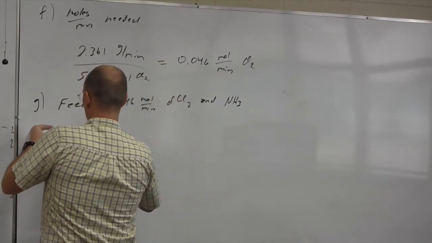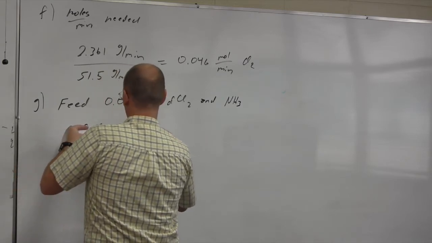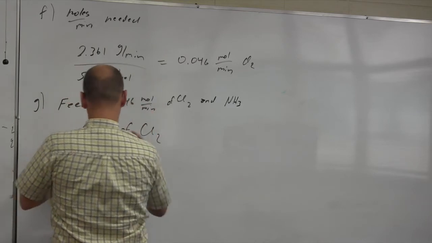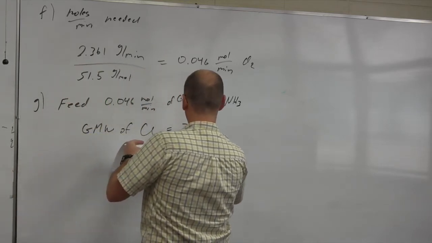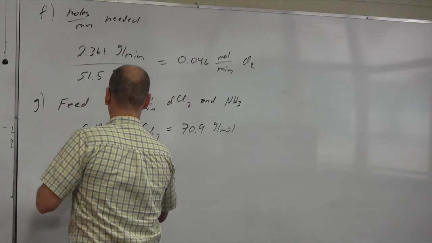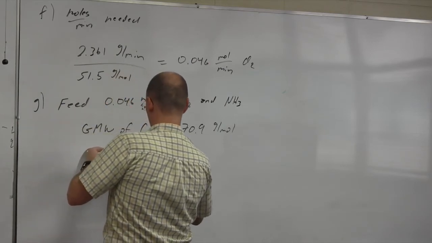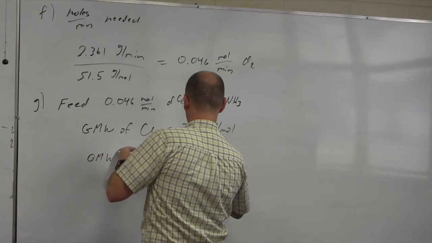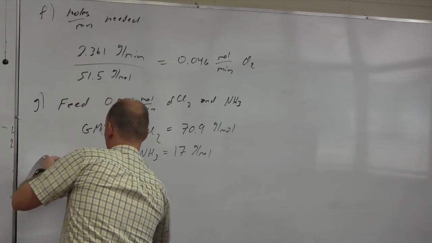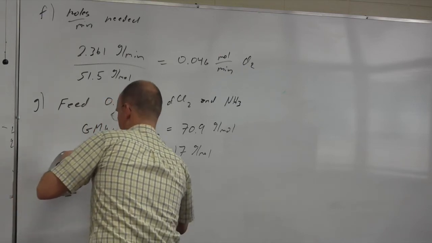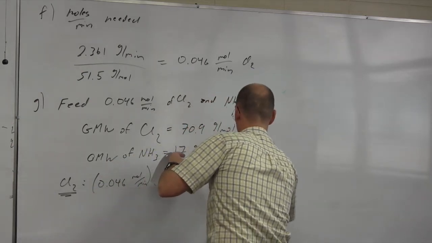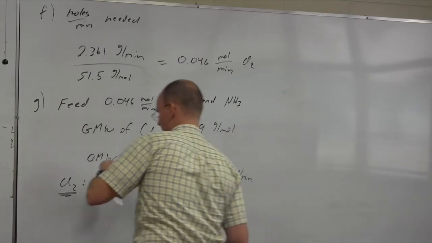Okay. So the gram molecular weight of Cl2. Something's weird here. Let me erase that part right here. Let's continue with this. Gram molecular weight of Cl2 is actually 70.9 grams per mole, and the molecular weight of NH3 is 17 grams per mole. So the Cl2 that we need is going to be the 0.046 moles per minute times the 70.9 grams per mole is 3.3 grams per minute.